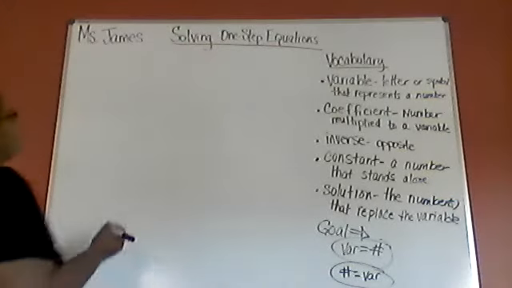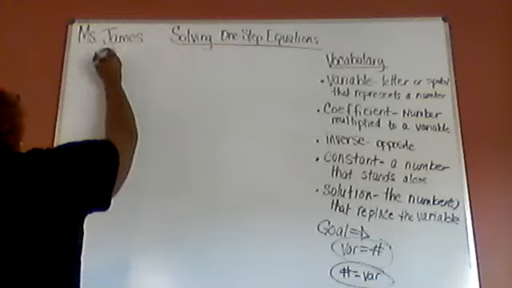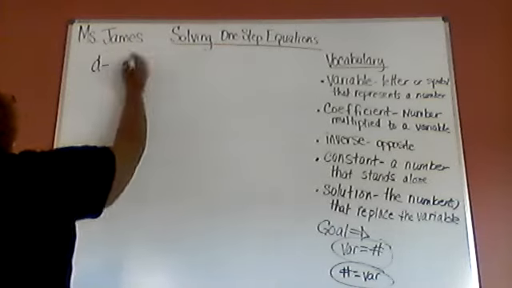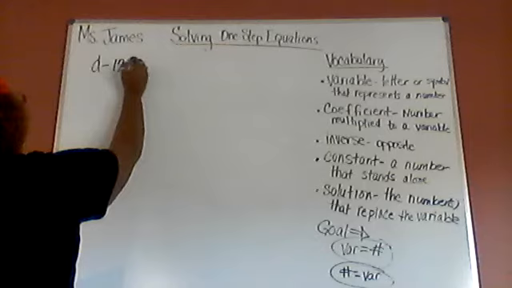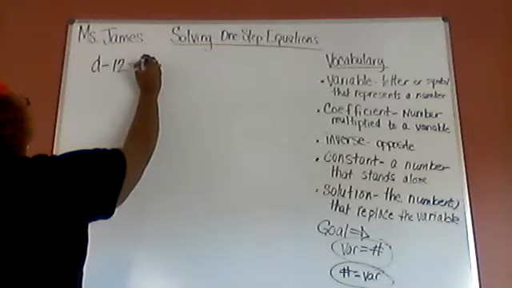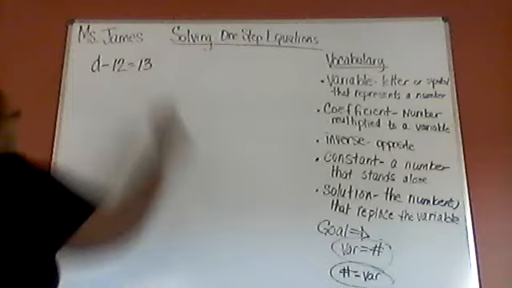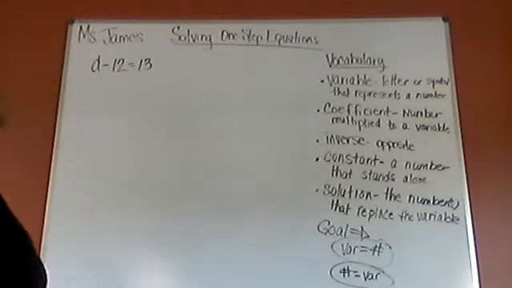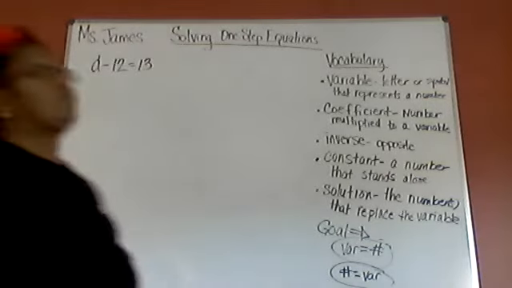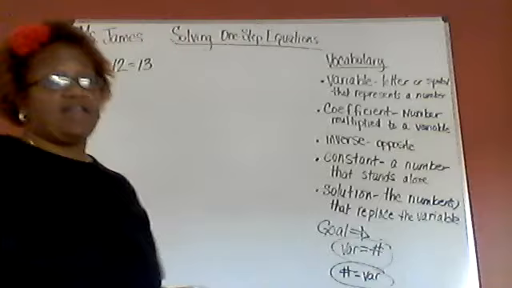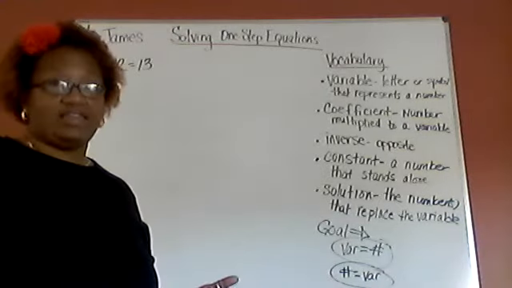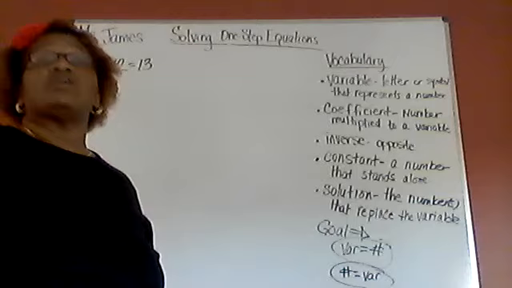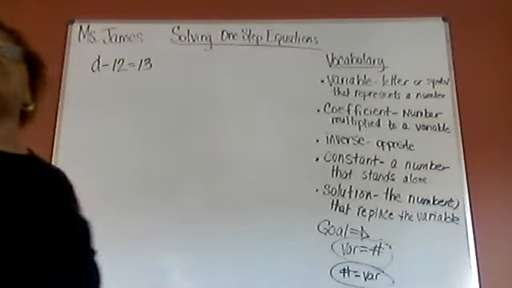Okay, so for instance, if we have d minus 12 equals 13. D minus 12 equals 13. And our one-step equation for addition, solving addition equations, is the same exact thing for solving subtraction equations.